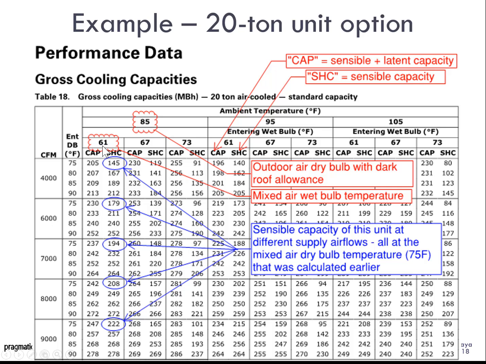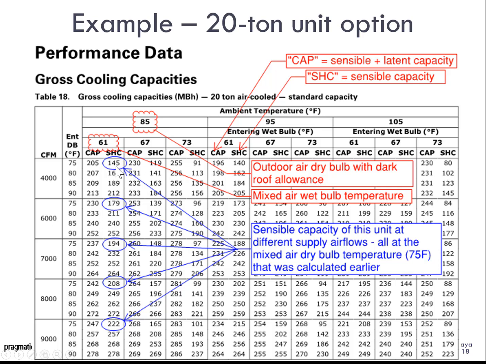With a lower entering wet bulb temperature, you will get higher capacity. You can see here for the same entering dry bulb, the sensible heat capacity is substantially reduced when the entering wet bulb temperature is 67. So at 61, it becomes 145 at this 4,000 CFM airflow. If it was 60, it would be slightly higher. Again, I'm not going to extrapolate because 60 is close enough to 61.